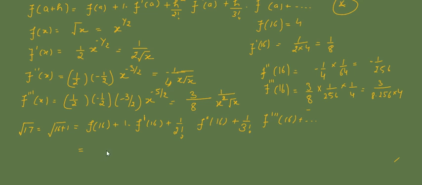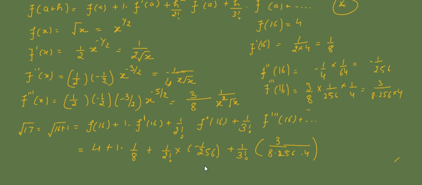Just put all these values here. f of 16 is 4 plus 1 times the first derivative at 16 is 1 by 8 plus the second derivative at 16 is minus 1 by 256 plus 1 by 3 factorial, third derivative at 16 is 3 by 8 into 256 into 4.